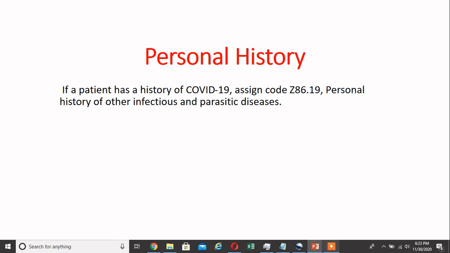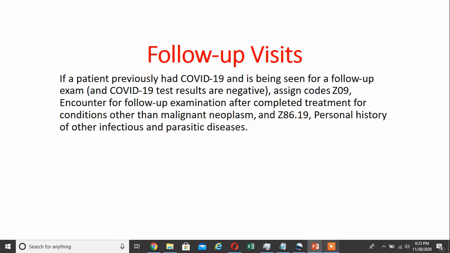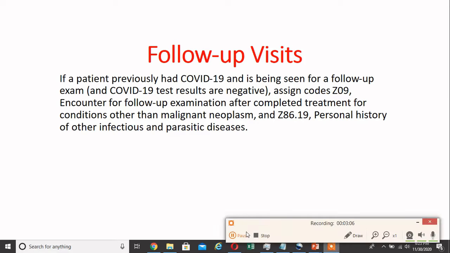For follow-up visits for COVID-19, there is another specific code, Z09, for encounter for follow-up examination after completed treatment for conditions other than malignant neoplasm. Along with the follow-up code, you have to code the history code Z86.19 for other infectious and parasitic diseases. Follow-up visits are used for patients who have completely recovered from COVID-19 and come for a follow-up visit with the physician.